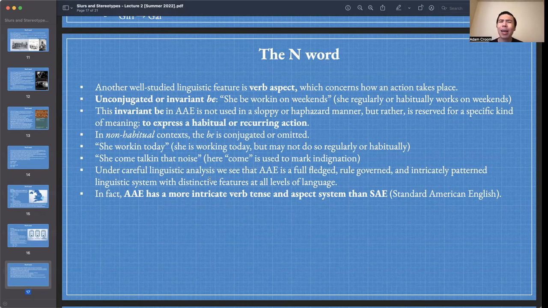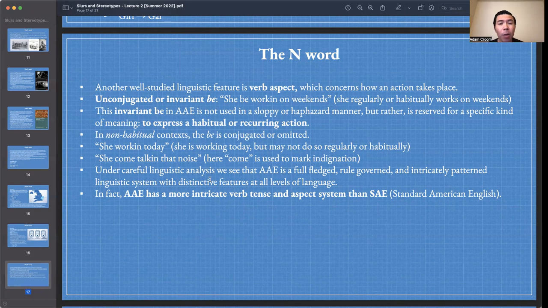Okay, so you might think, it doesn't sound good, that's ungrammatical. Okay, but this is a systematic form in AAE.